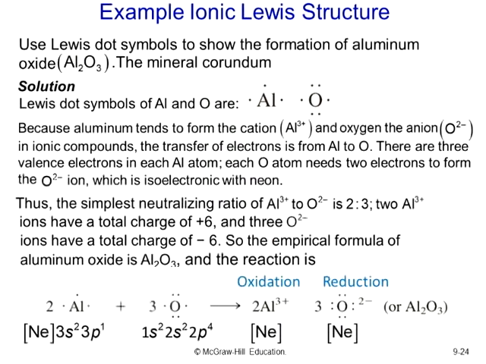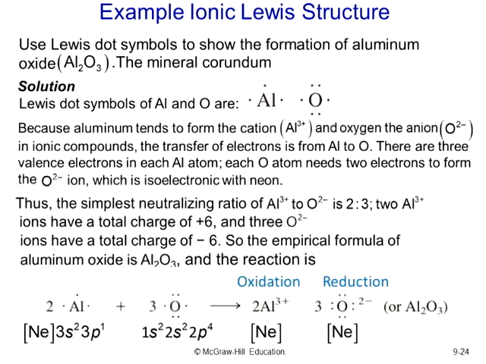So let's play with this. Let's use an example of an ionic Lewis structure. Let's do it for aluminum oxide. We note that the aluminum has 3 valence electrons associated with it.